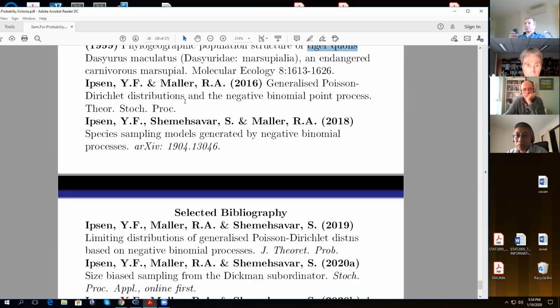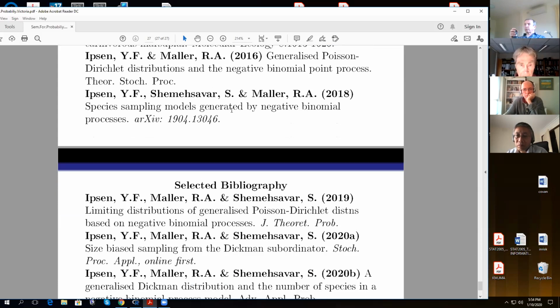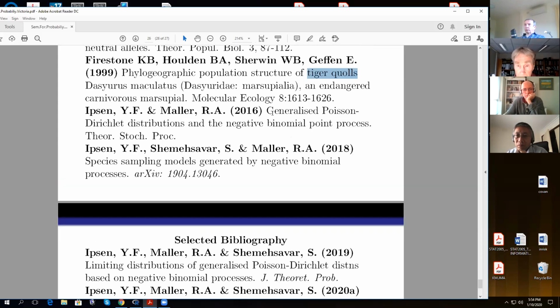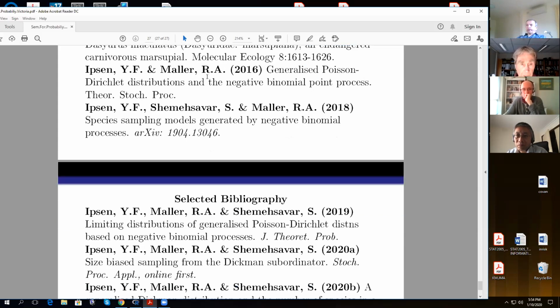List of our papers. It's reasonable to ask, have you actually tried to fit this thing to data? And the answer is yes, we have fitted it to data. A number of different sets of data, including the quolls data and some more extensive sets of data. That is not published so far, but it is available if you're really interested.